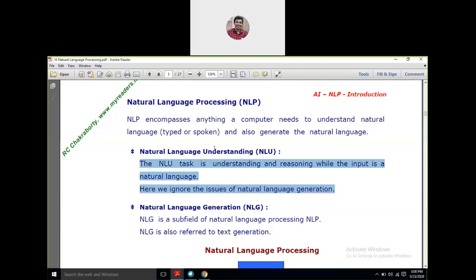So this is what we should know about the natural language understanding part. Now, understandability is a little more complex than this. As I've already said during our initial lectures, there are kinds of questions.